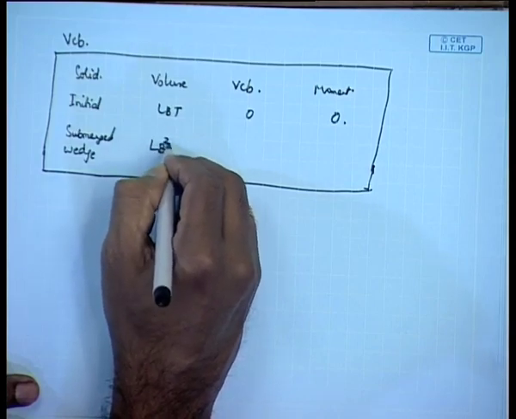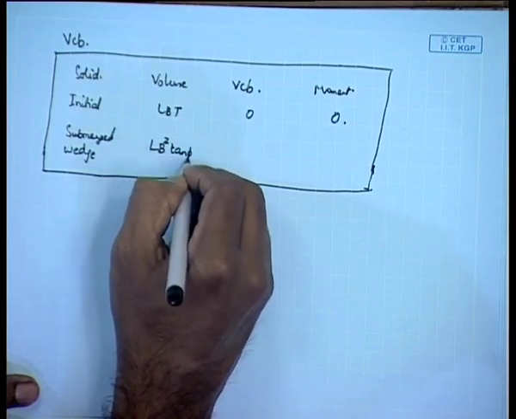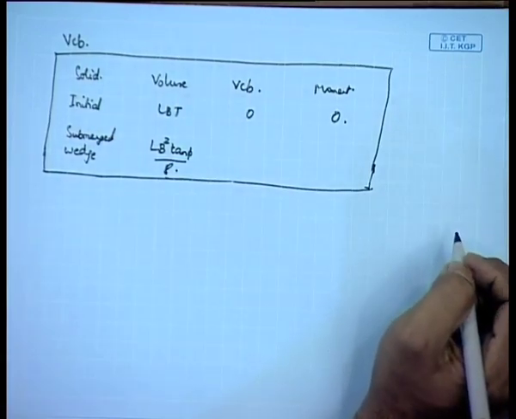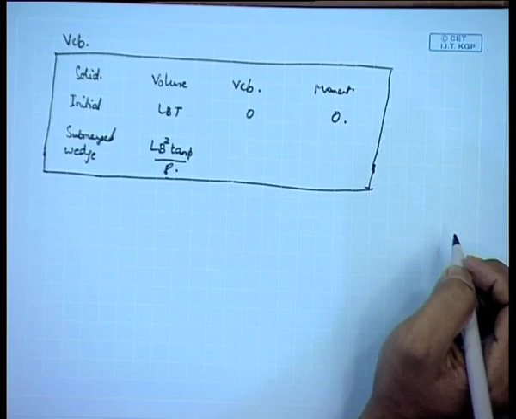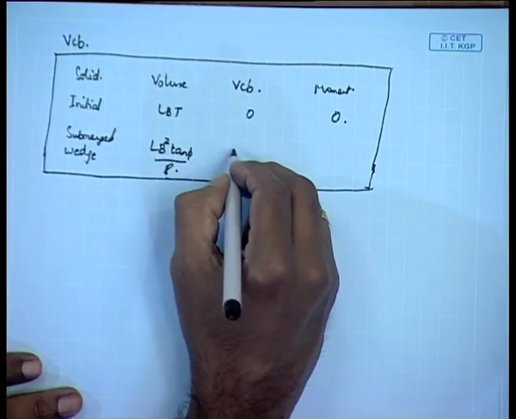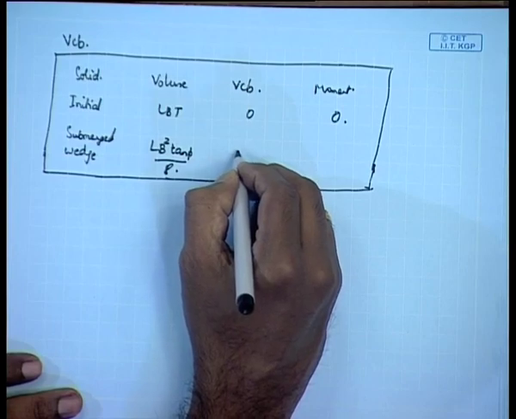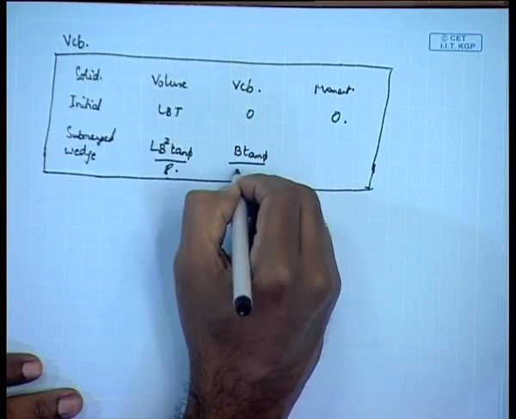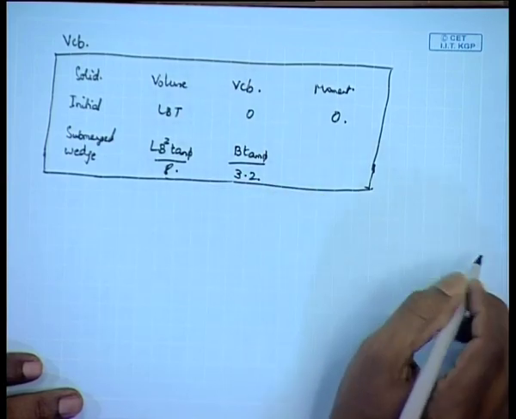volume is L b square tan phi by 8, then this is b tan phi by 3 into 2.